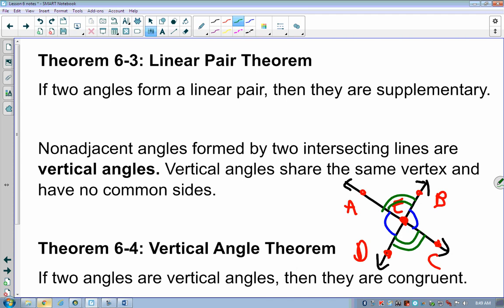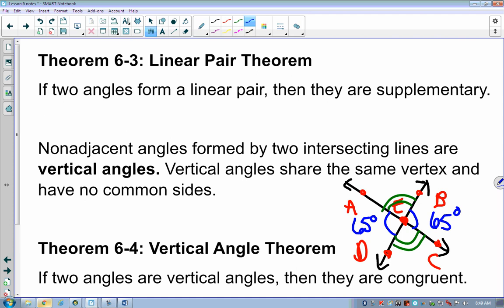If two angles are vertical angles, then they are congruent. They will always be equal to each other. Always. So if I know the angle BEC is 65 degrees, then I can find out what the other three angles are. Because if BEC is 65 degrees, what is AED? 65 degrees.